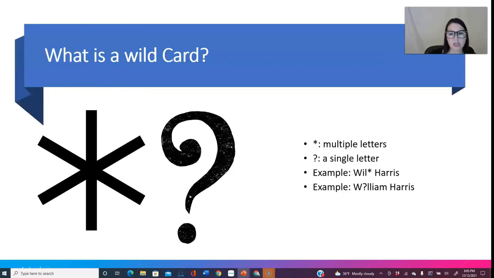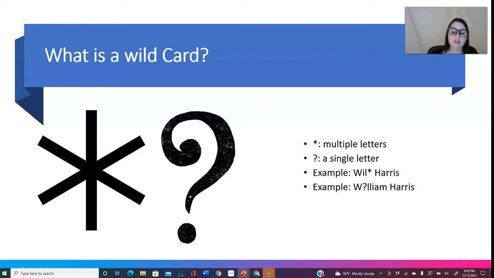So a wildcard, the asterisk means multiple letters. You can have William, which you'll see later on, and you can put the asterisk for the I and have W asterisk LL, and then the last name. You can do WIL and then the asterisk. So what is a wildcard? A wildcard is an asterisk and a question mark.